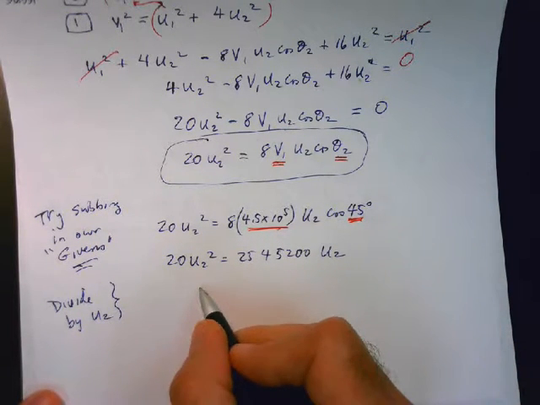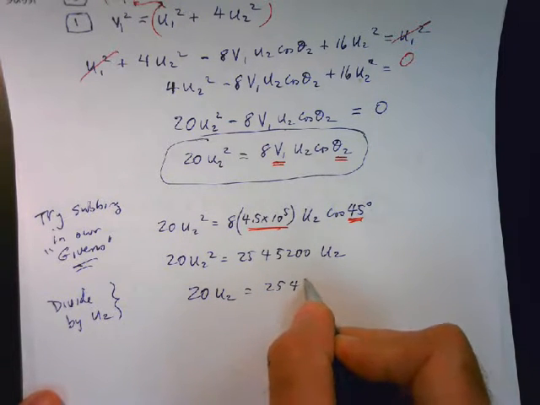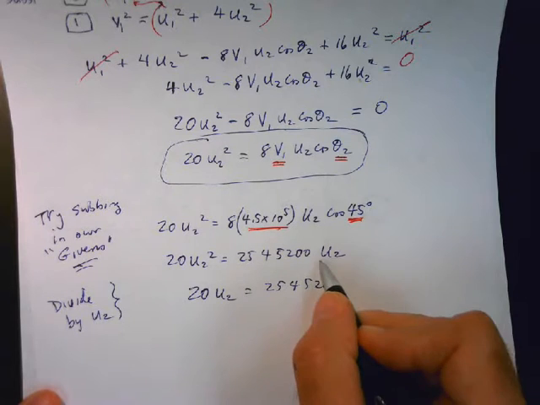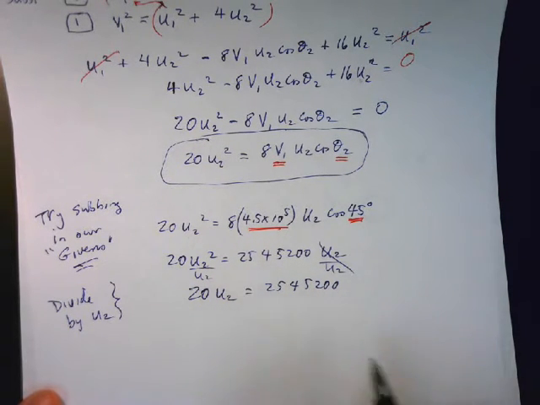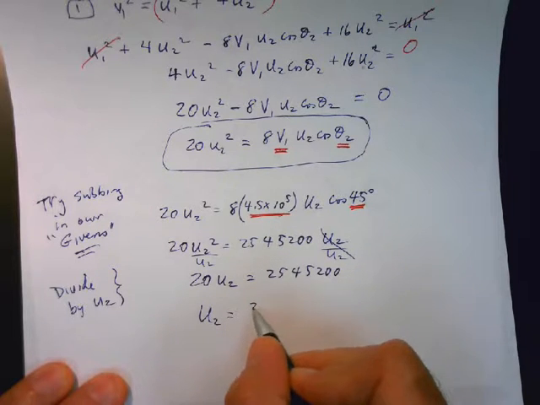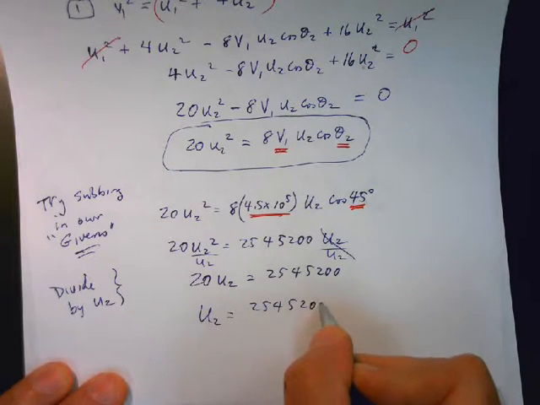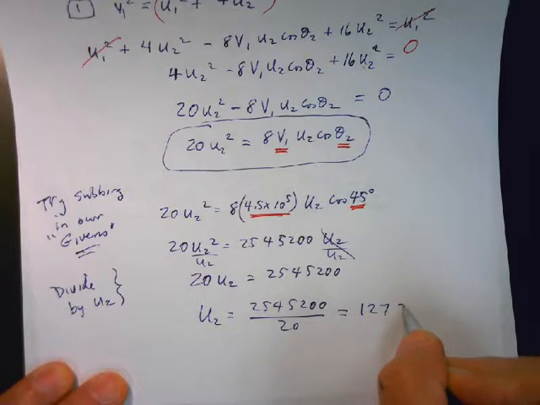And that'll give us 20u2 equals that. So basically, divide both sides by u2. We get this. Solving for u2, we get this.